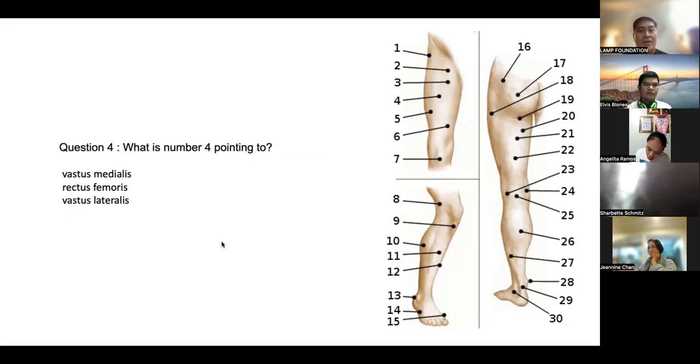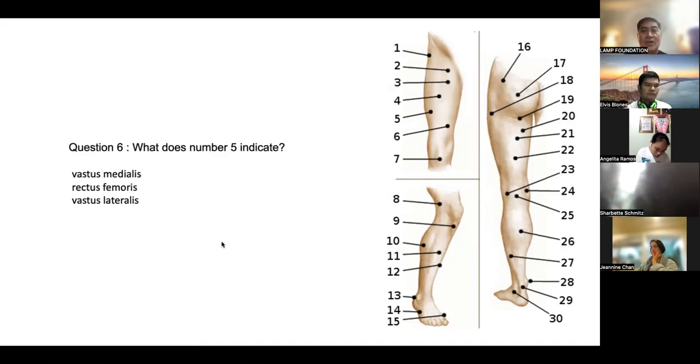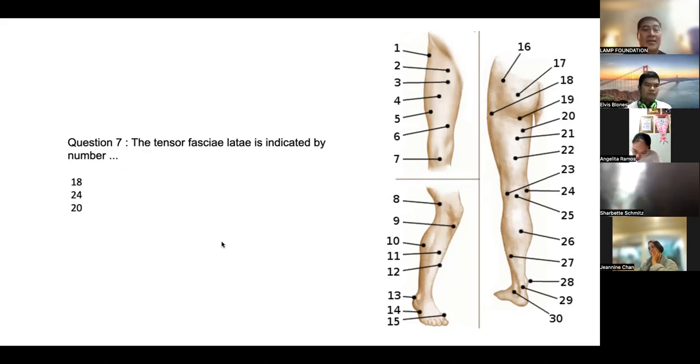What is number 4 pointing to? Rectus femoris. Which number indicates the lateral malleolus? Number 13. What does number 5 indicate? The vastus lateralis. The tensor fasciae latae is indicated by number?